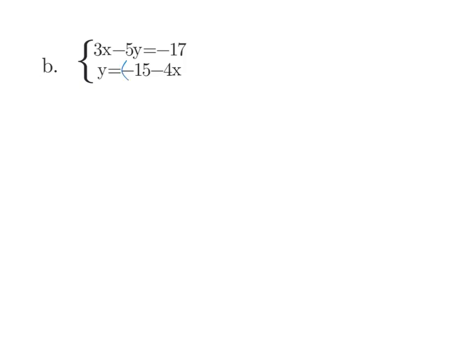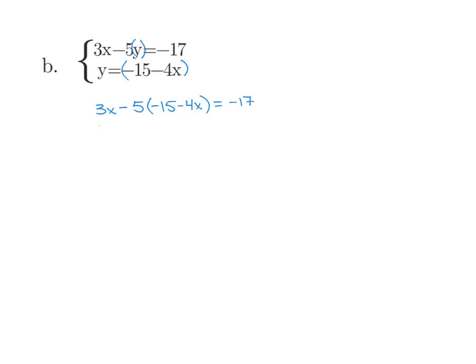So I want to take the -15 minus 4x and plug it into my other equation. So if we do that, we get 3x minus 5 times y. Y we said is -15 minus 4x equals -17.